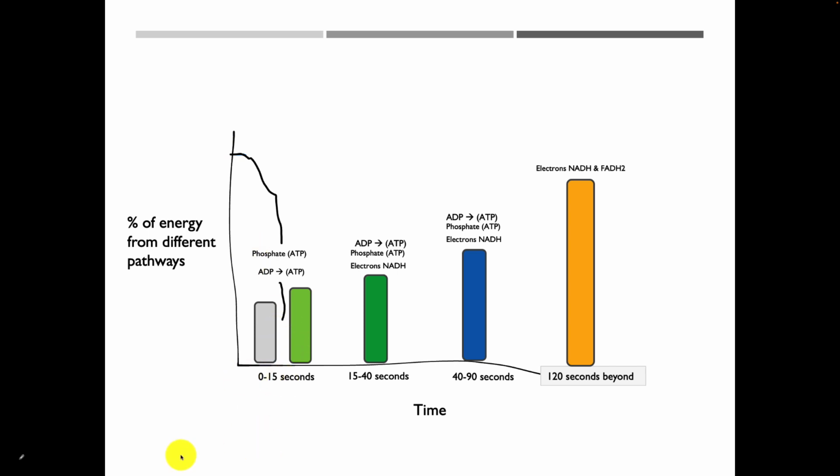Now, after that drops, the PCR system is going to recognize that there's a drop in ATP levels, and the PCR system is going to ramp up, resynthesize some ATP, and then that's going to drop. So the ATP-PC system only lasts for about 15 seconds. We only get about 15 seconds of ATP regeneration with these two pathways.